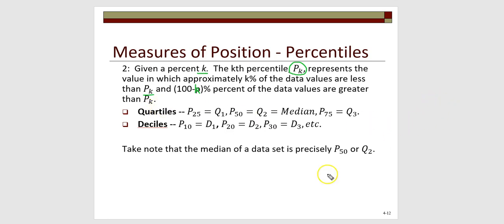So in other words, once again, you have your score Pk, and k% of all of the data values will be less than this particular number, and 100 minus k% will be greater than that number. So we're trying to find that number now. We're not given the score x. We want to find the score corresponding to the kth percentile.